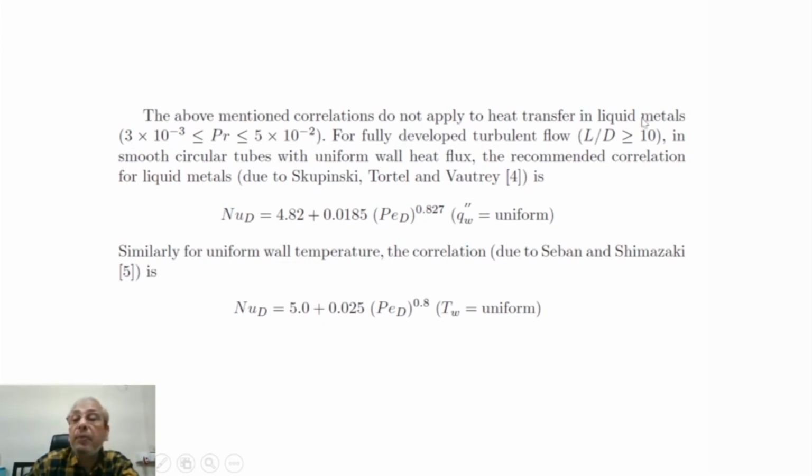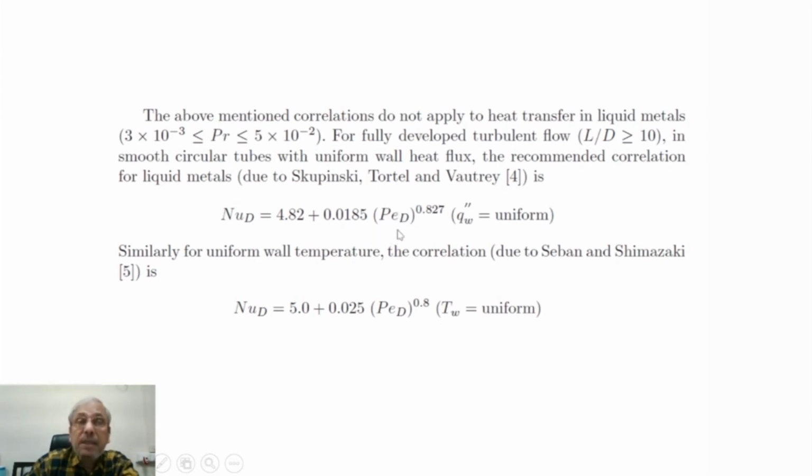So for fully developed turbulent flow in smooth circular tubes with uniform wall heat flux, the recommended correlation for liquid metal, this was determined by Skupinski and the co-researchers, and this has been given as Nusselt number based on duct diameter equal to 4.82 plus 0.0185 into Peclet number based on duct diameter.